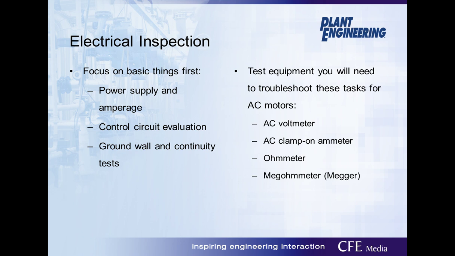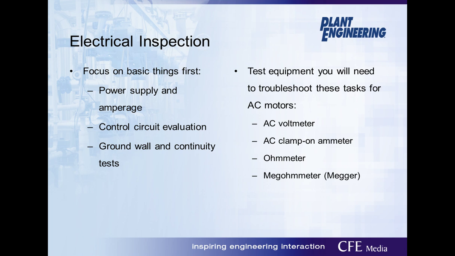Another useful test to perform when troubleshooting a motor with an electrical fault is the ground wall and continuity test. Make sure if your motor is powered by a VFD or soft starter that you disconnect the motor leads from this device before beginning these tests. The continuity test can be performed with an ohm meter and should be tested from the leads coming directly from the start switch or VFD.